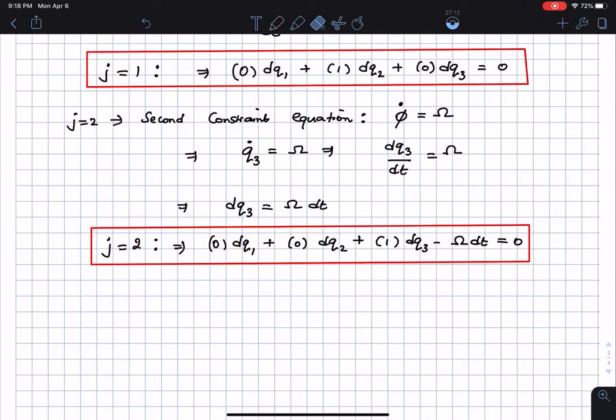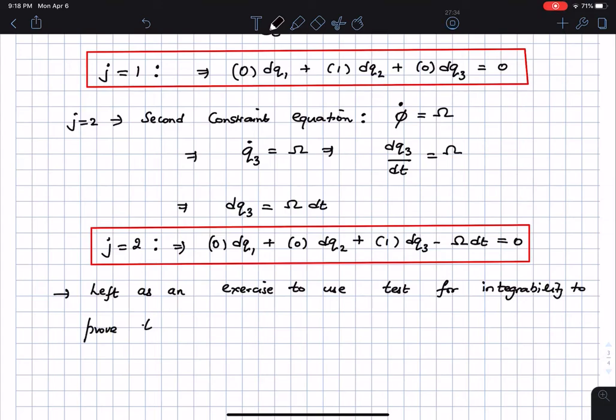I'll leave that as an exercise: use the test for integrability to prove that the two constraint equations above are holonomic.